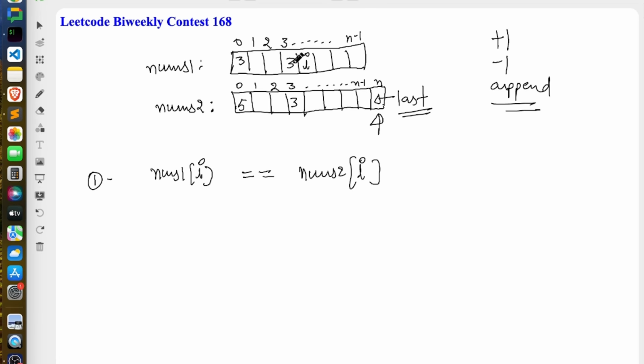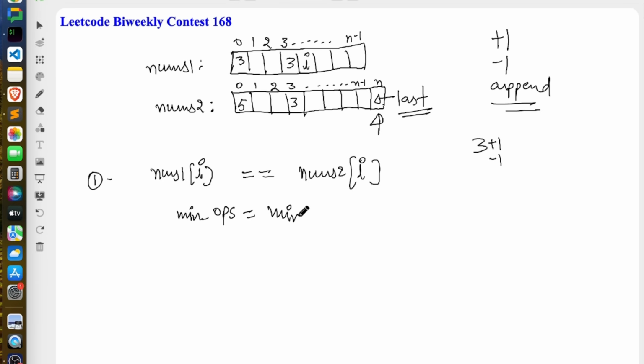It means that if you want to convert 3 to last, what can we do? We can first append this 3 at the end, right? And after that we can do either a plus 1 operation or a minus 1 operation on this to convert into last. So in this situation, for the last number, let's say I'm calling the minimum operations min ops.